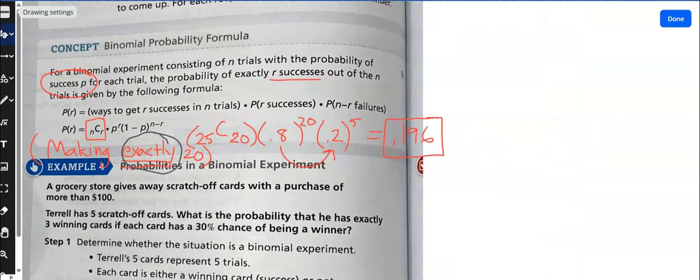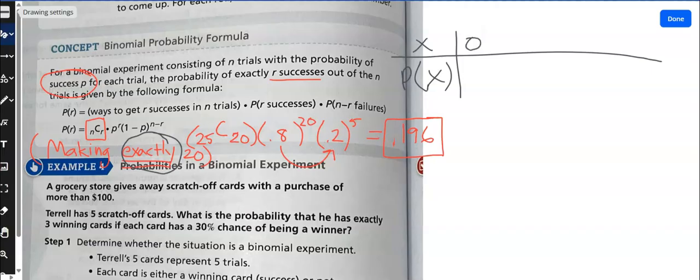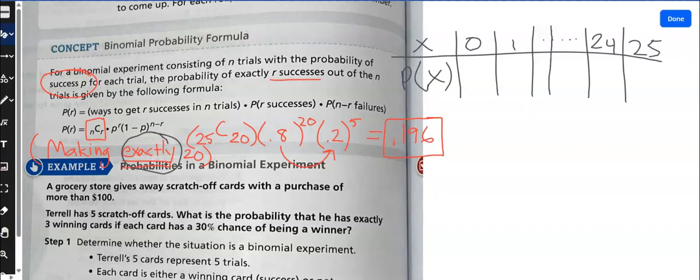You remember we talked about a probability distribution chart before? Well, I'm talking about missing all the free throws, making one free throw, all the way up to 24 free throws, 25 free throws. That's a long list of numbers, and all of those numbers have to add up to 100%. So in the middle of this chart, I was asking about 20 free throws made, and that number in that particular block is 0.196.